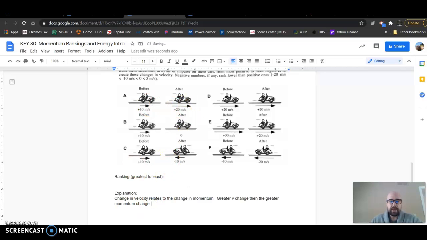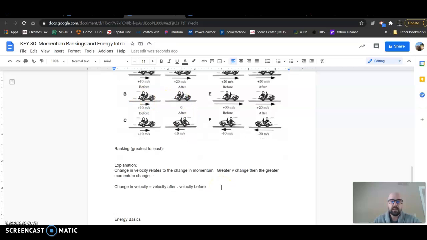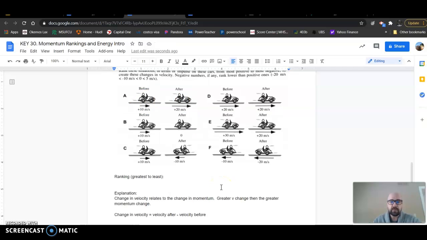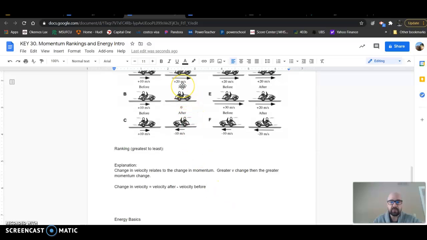So here with A, we want to do the change in velocity, which is going to be equal to the velocity after minus the velocity before. Just like we had similar to that first one with momentum, we looked at after versus before. So for A, it goes from positive 20, started at 10.